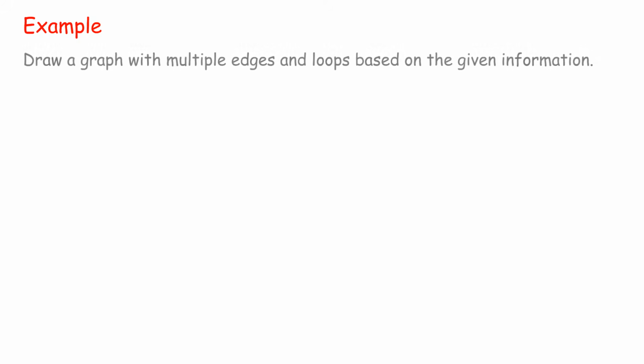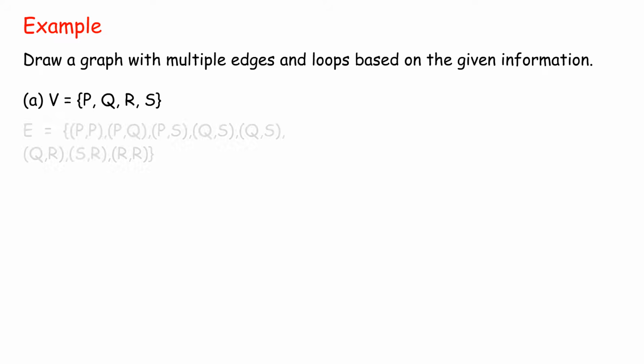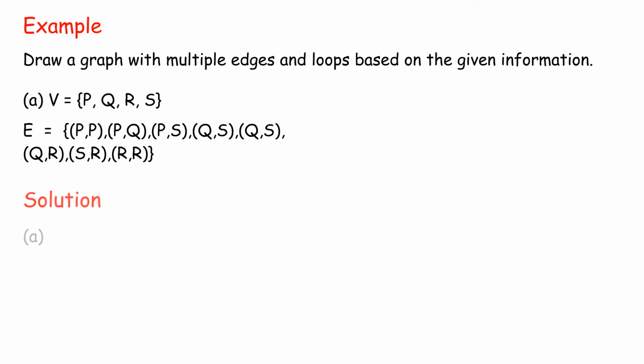Example: draw a graph with multiple edges and loops, based on the given information. A, V = {P, Q, R, S}. E = {PP, PQ, PS, QS, QS, QR, SR, RR}.